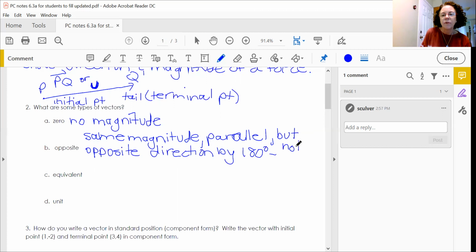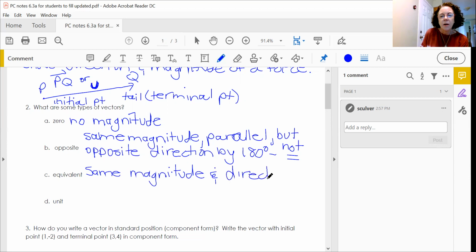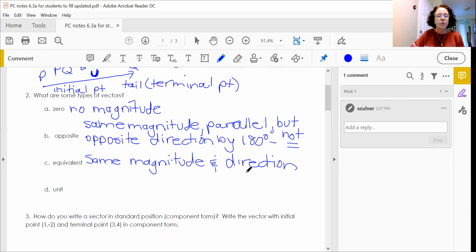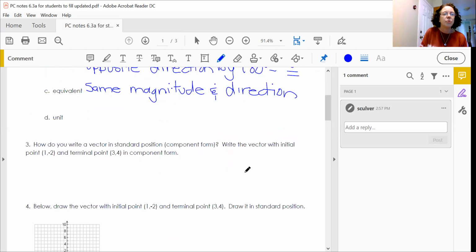So we'll put not equal vectors. So let's get to what equivalent vectors are. They have the same magnitude and direction. And a unit vector is any vector that has a magnitude of 1. We will be writing unit vectors.